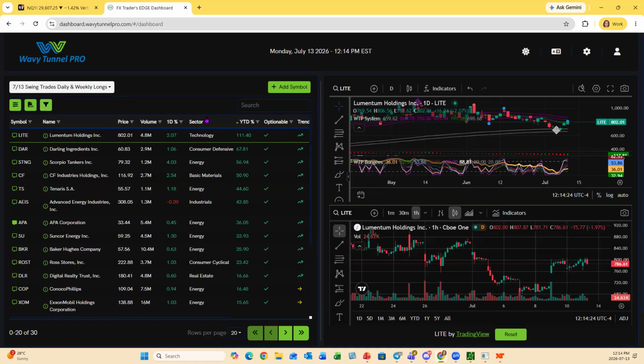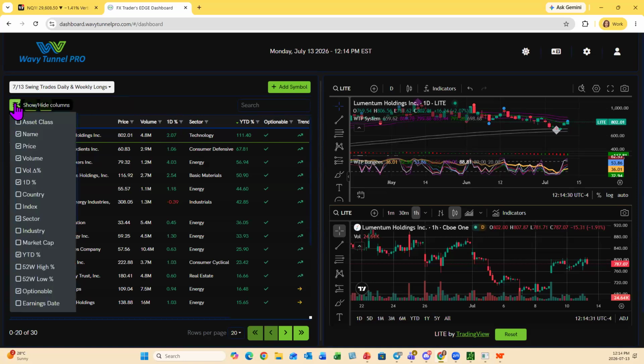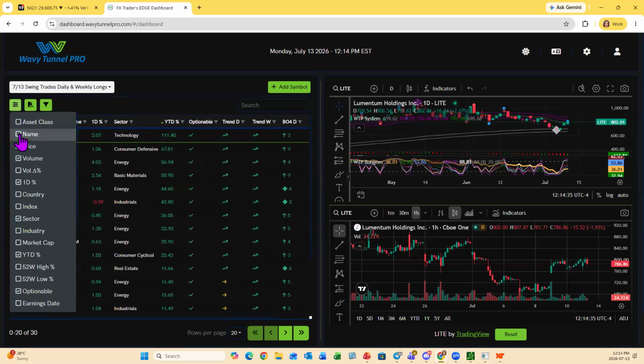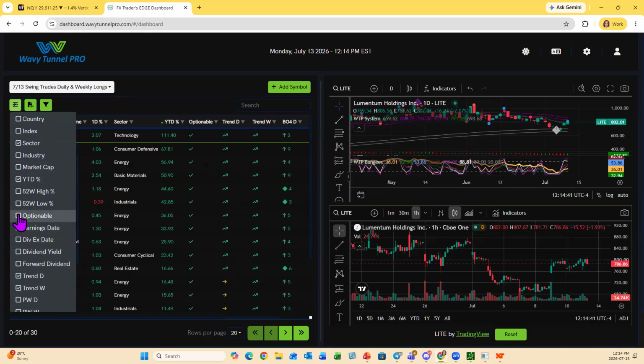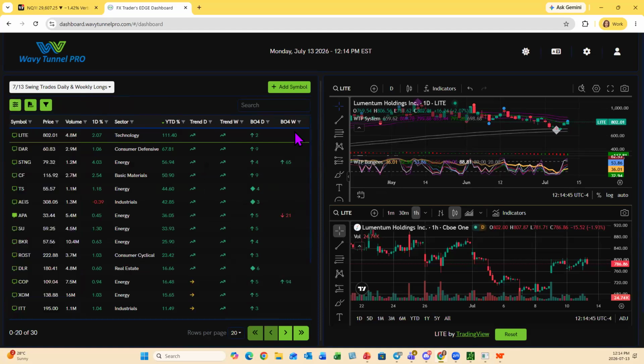We have this sector here. We have the daily percentage. I'm going to get rid of some of these so we can see what we're looking at. I'm going to get rid of the name because I want to see more, and the optionable, because we know that they're optionable. All right, great. So now we can see the breakout for daily and the breakout for weekly.